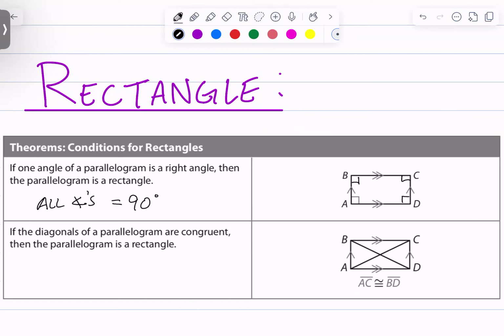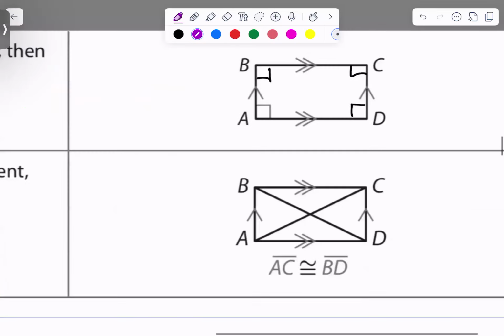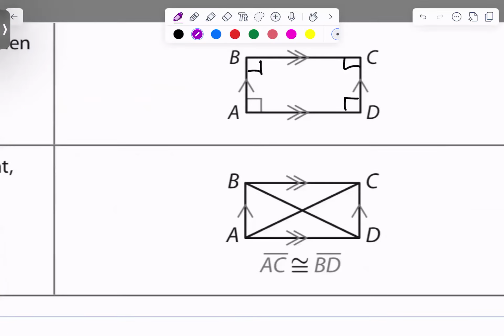The second one is that the diagonals are congruent. In a rectangle, the diagonals are congruent. But also in a parallelogram, we know that the diagonals bisect each other, correct? So we can say in this picture here, AC is congruent to BD.